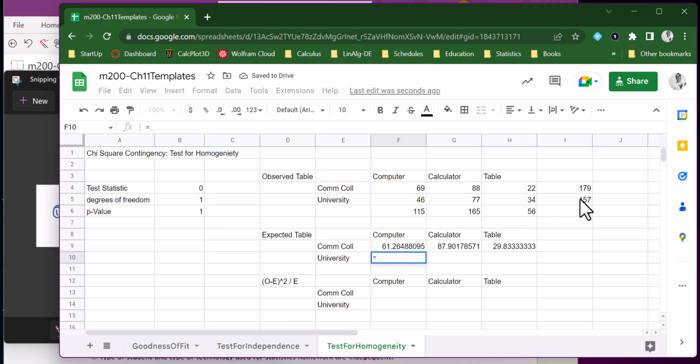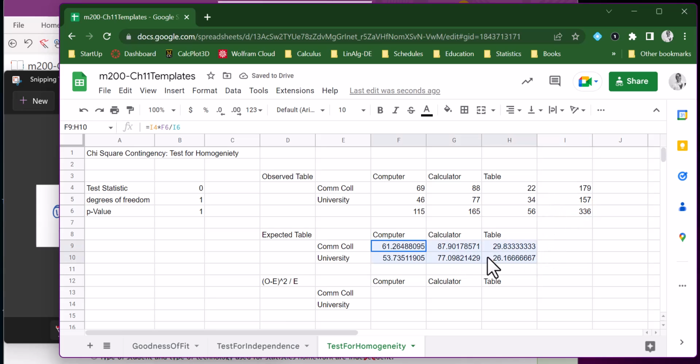That's the second row times the first column divided by the grand total, and then the second row times the second column divided by the grand total, and then one more, the second row times the third column divided by the grand total.